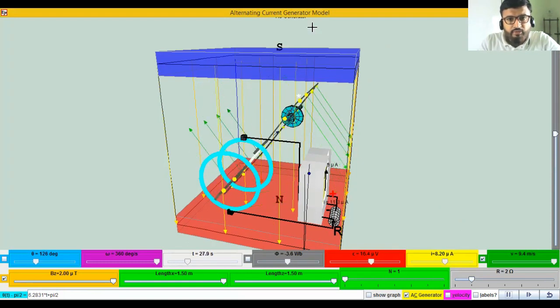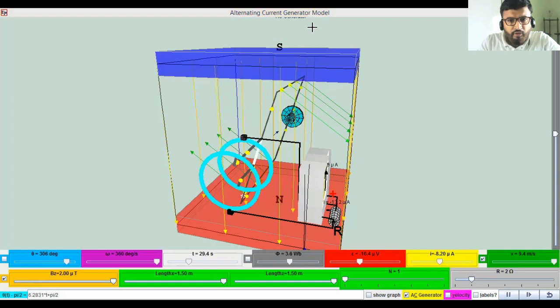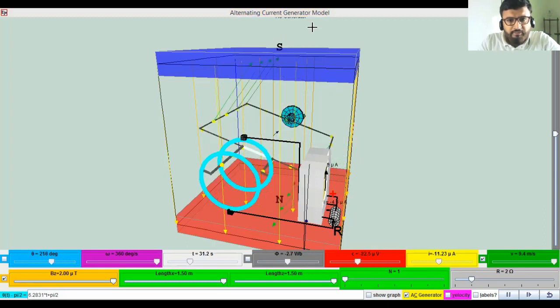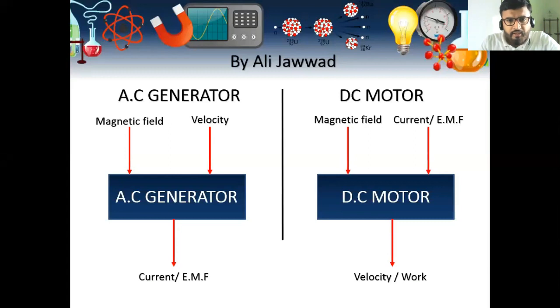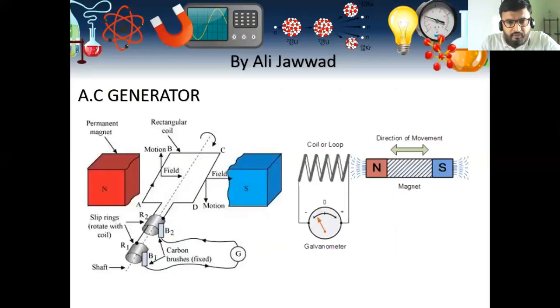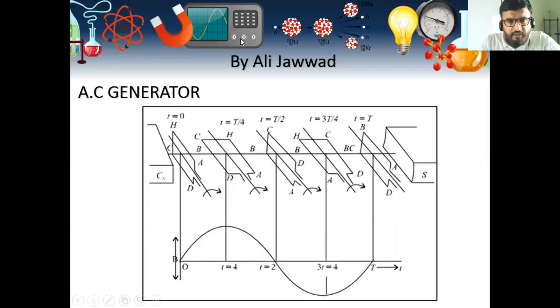So if we try to draw the graph of voltage with respect to time, it will be like this. At this position, at time equals 0, we were getting 0 EMF.